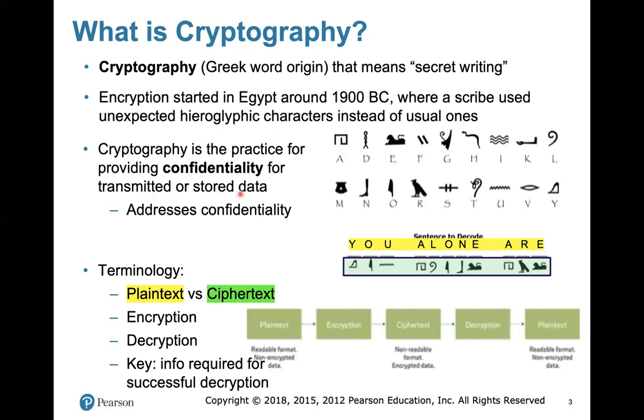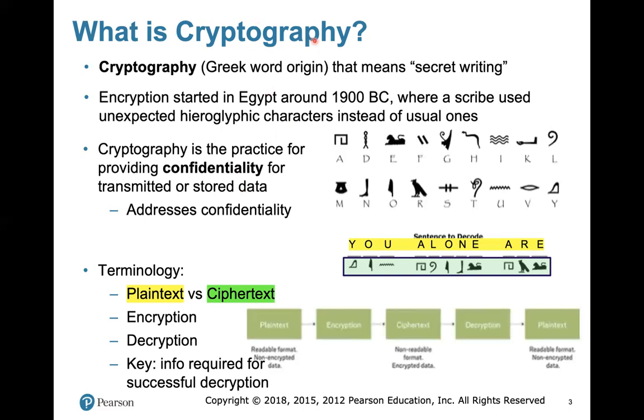or you want to store the data somewhere. For example, you want to store your data on your hard drive, but you are not sure if you can physically attain the security of that hard drive. That hard drive someday might be stolen or something, but you have some very important information on it. So before storing the data on the hard drive, you encrypt the data, or you use cryptographic algorithms in order to encode the data.